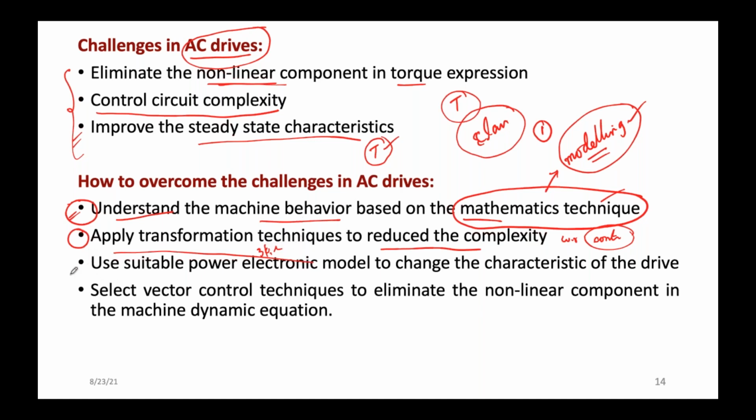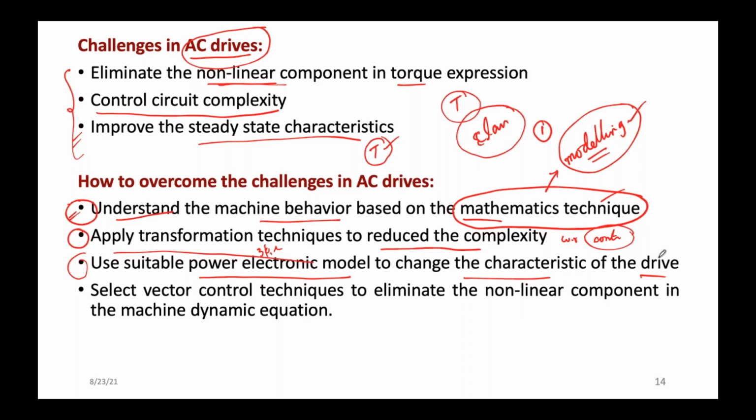After that, your job is to select a suitable power electronic model. By choosing a suitable power electronic model, we can change the drive characteristics based on the application requirement. That is the main strength of the power electronic model. By choosing a suitable power electronic model, we can improve the characteristics of the drive.